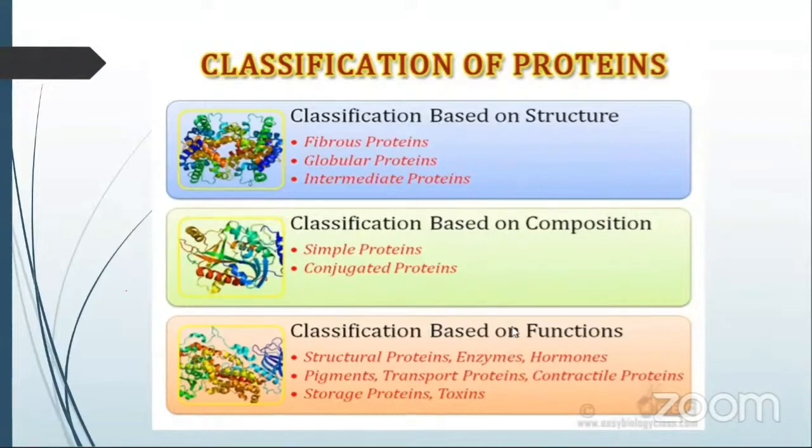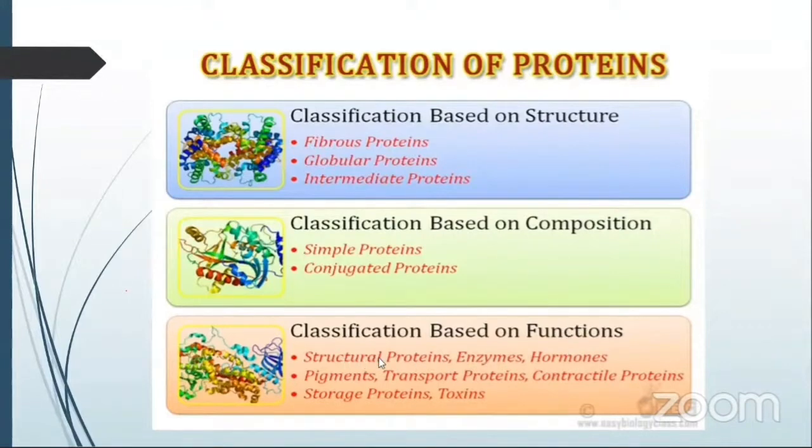Whereas the classification based on functional analysis is very important, because if you are working on any drug designing concept with respect to any disease, for example cancer related disease or viruses, finding the druggable target for that, you should know the classification based on the functional analysis.